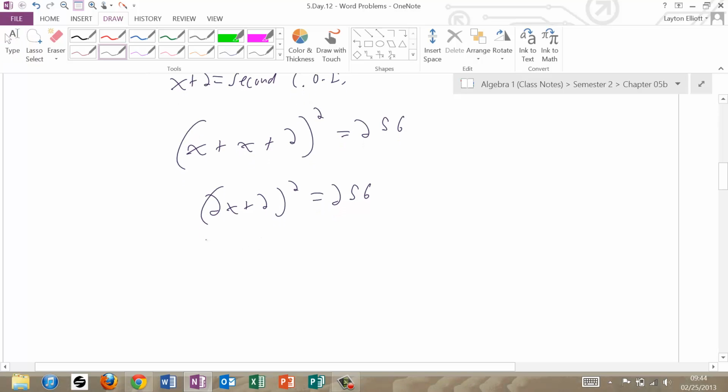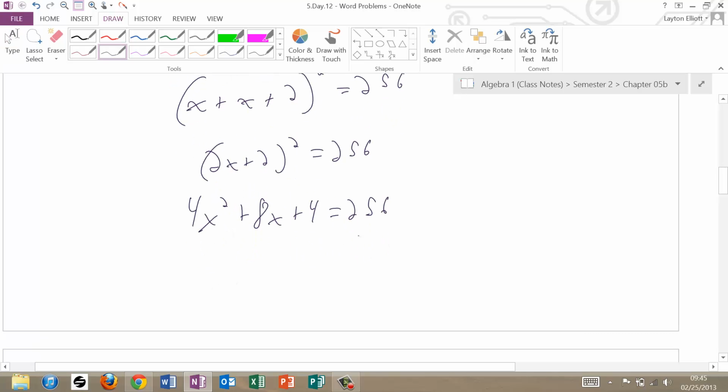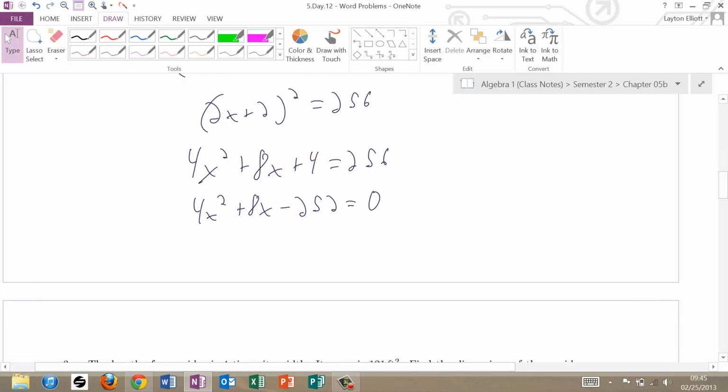Okay, 2x plus 2 squared is, let's FOIL it, 4x squared, plus 2 times 2 times 2x is 8x, plus 4 equals 256. And then finally subtract the 256 from both sides, and I get 4x squared plus 8x minus 252 equals 0. Now we're going to want to take out a greatest common factor, and we can actually divide that from both sides because our right side is 0.